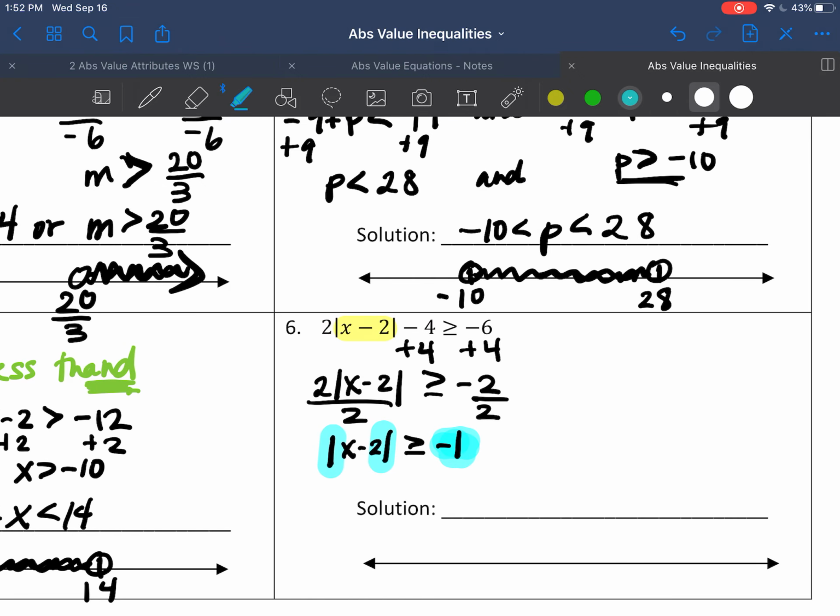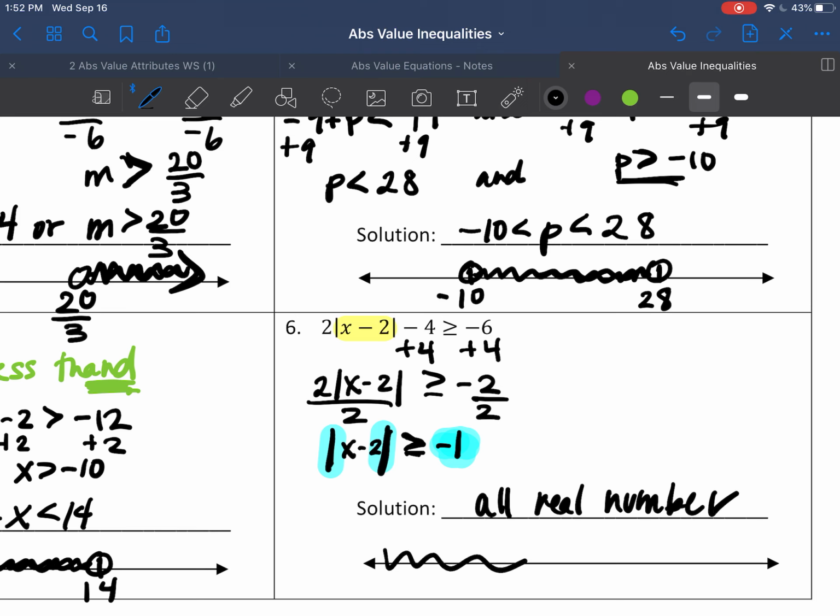Here I've isolated and the negative did not get taken care of. And so this is asking me, when is absolute value greater than a negative number? Don't do anything else. It's all real numbers. The whole number line is shaded.